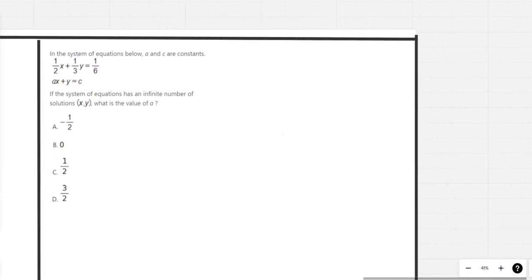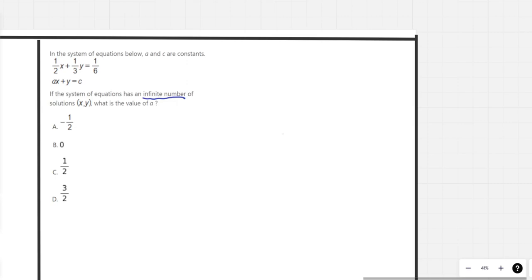All right. This one's saying, in the system of equations below, A and C are constants. If the system has an infinite number of solutions, that's the keyword, infinite number of solutions, x comma y, what is the value of a? Well, infinite number of solutions, that's going to mean that the two equations are exactly the same.